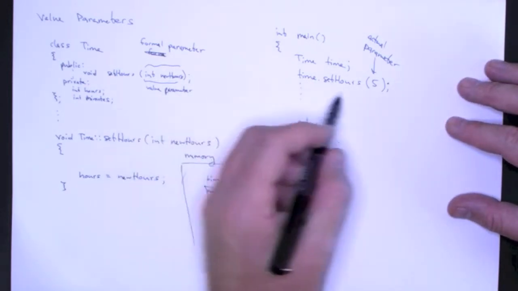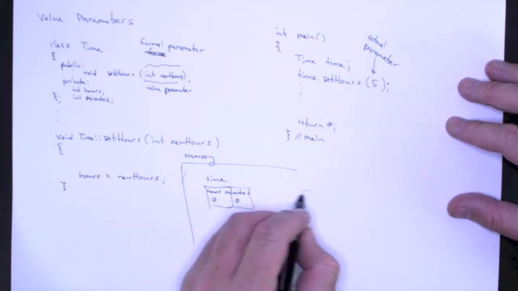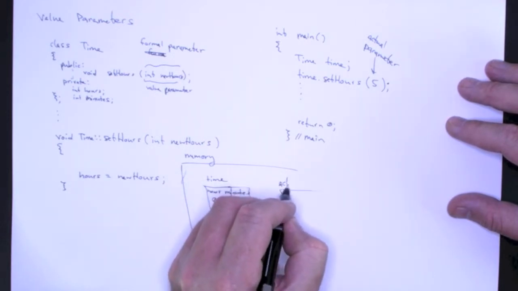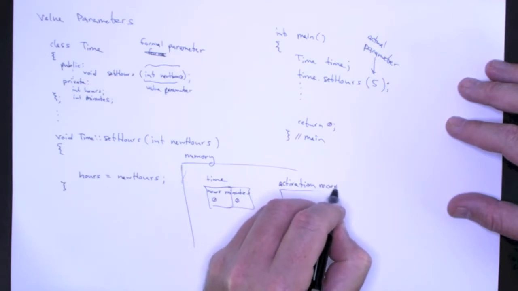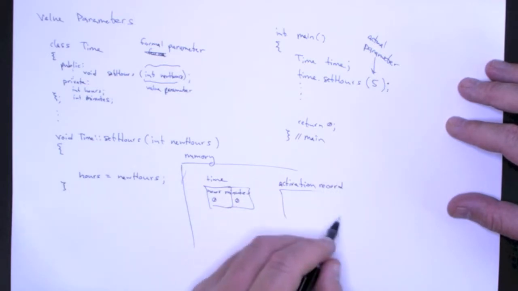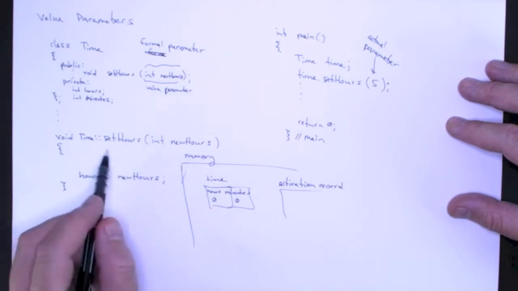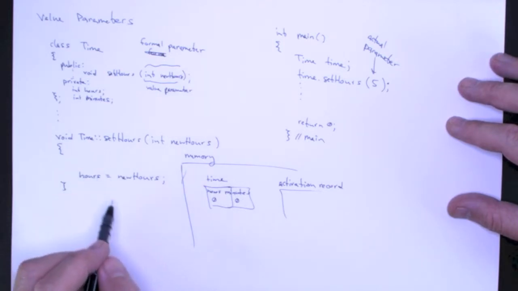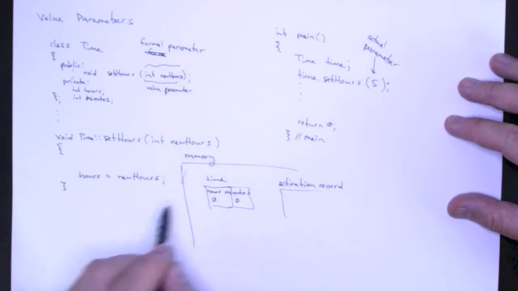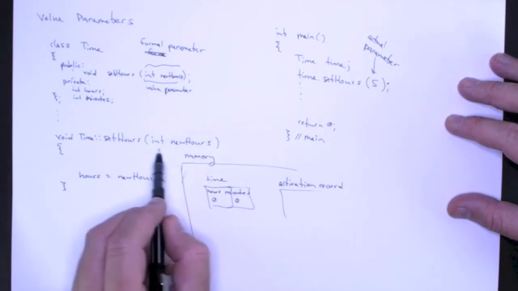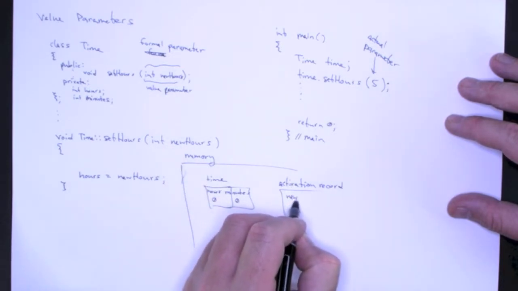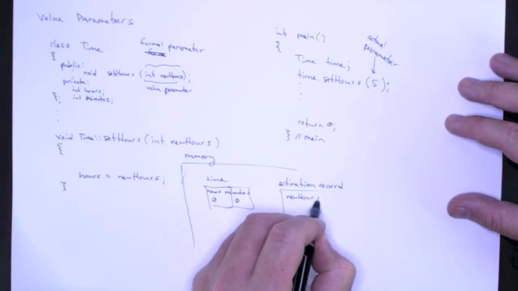When we actually invoke this method out in memory, we get something called an activation record. And this is the memory where this method is going to run or execute. First thing that happens when we create this activation record is we allocate space for new hours, this integer.